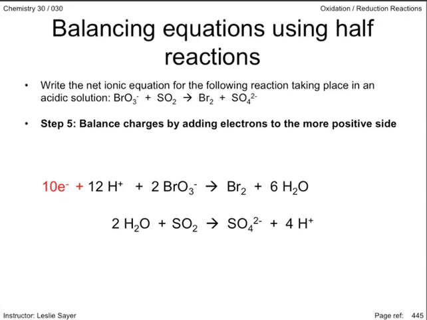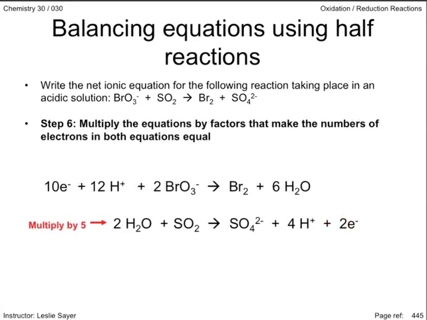That is, the 12 positive ions minus the 2 negative ions. The product side has a net charge of 0. So the side we need to add electrons on to equalize the charge is the more positive, in this case the reactant side. Likewise, the lower reaction has a greater positive charge on the product side and so is equalized with electrons.